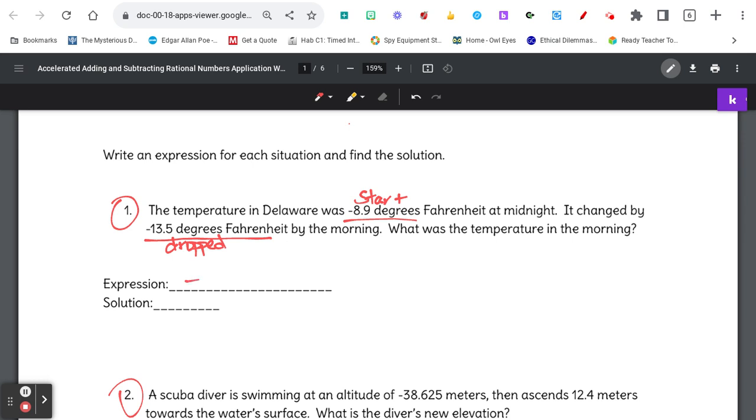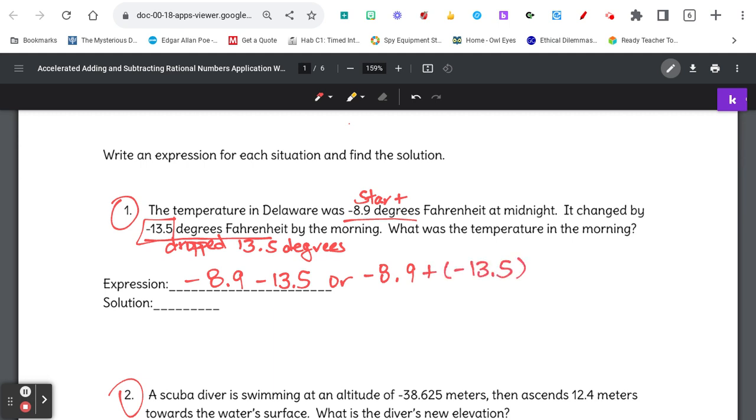So I'm going to start off with negative 8 and 9/10 degrees. It dropped 13 and 5/10 degrees. So I could put minus 13 and 5/10, or I could use this number here and put negative 8 and 9/10 plus negative 13 and 5/10 degrees.